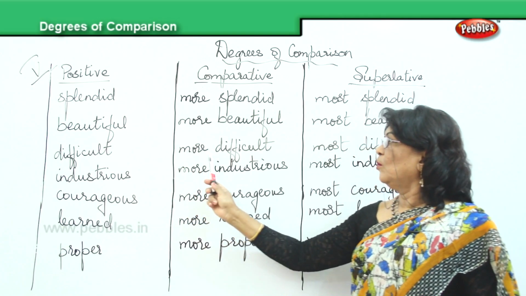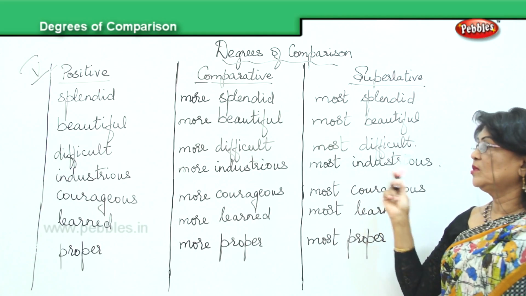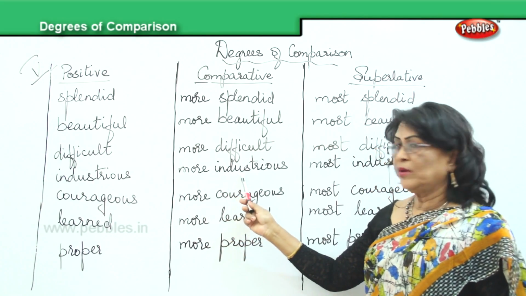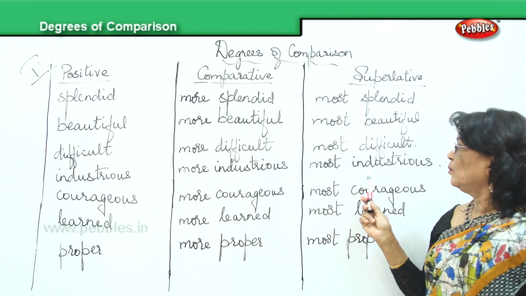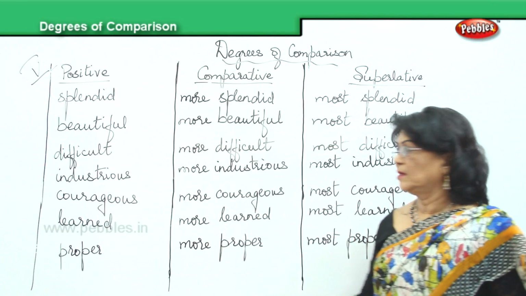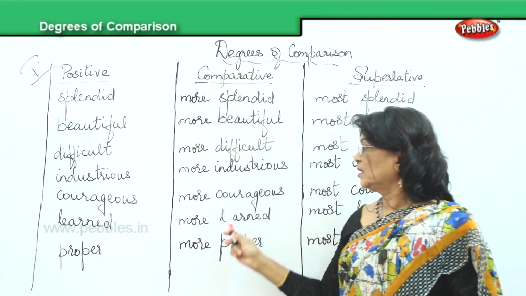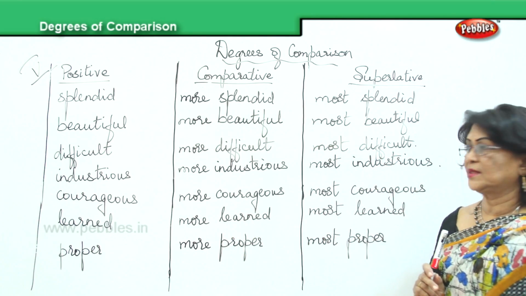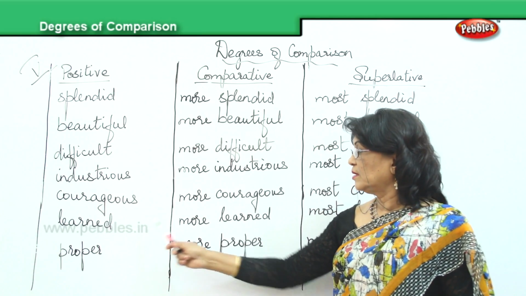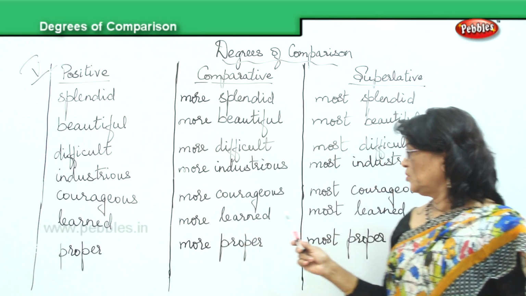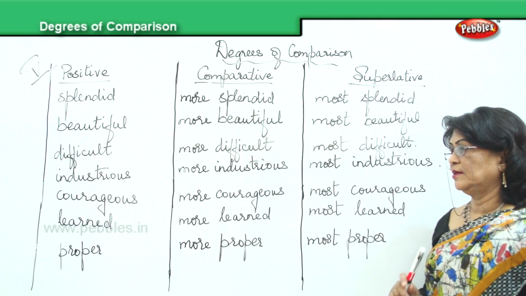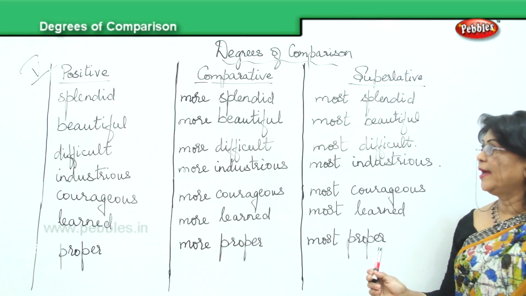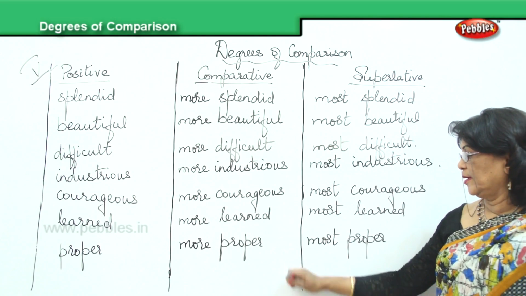Difficult, more difficult, and most difficult. Industrious, more industrious, and most industrious. Courageous, more courageous, and most courageous. Learned, more learned, most learned. And proper, more proper, and most proper.